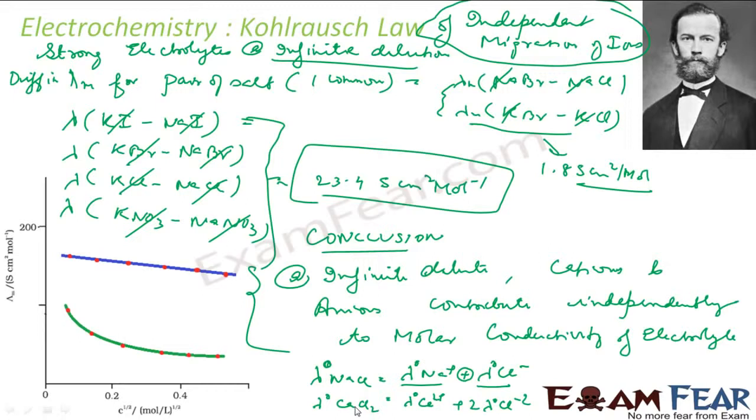So there's a general rule actually. Let me write that general rule. If I have an electrolyte that on dissociation gives X cations and Y anions, let's suppose, the limiting molar conductivity of the whole solution will be nothing but X into lambda of cation plus Y into molar conductivity of anion.